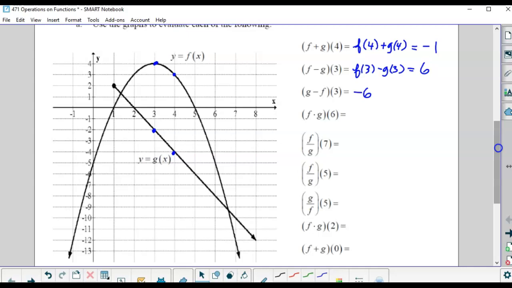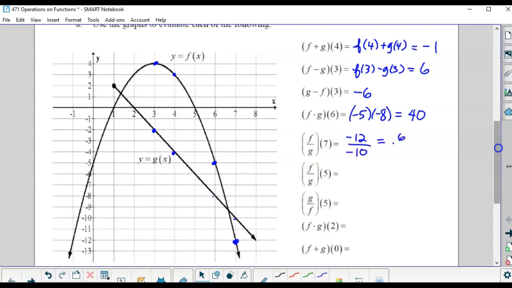Multiplication, so at x equals 6, f is negative 5, and g is negative 8. So negative 5 times negative 8 is 40. f divided by g at 7, so f is negative 12, g is negative 10, and just reduce that.